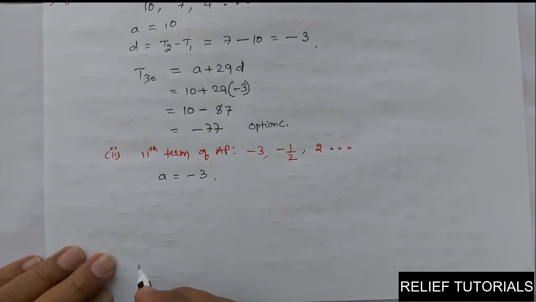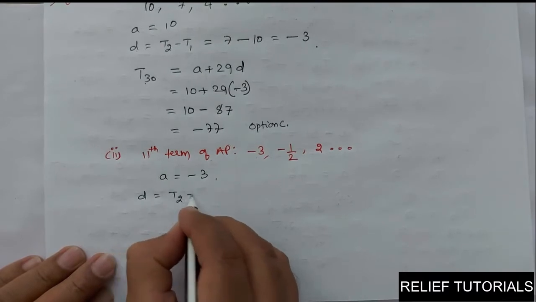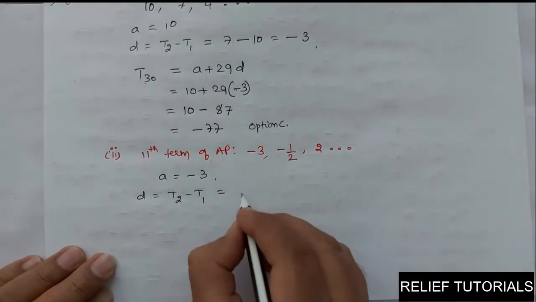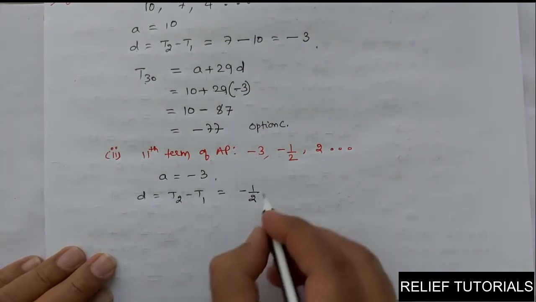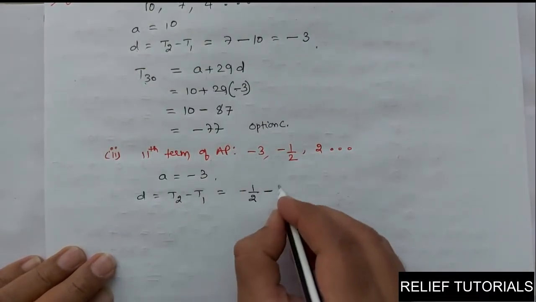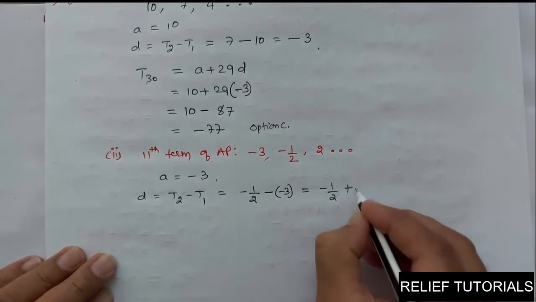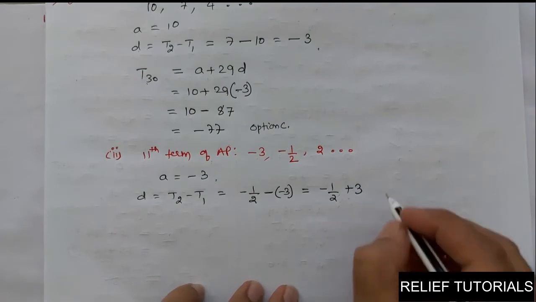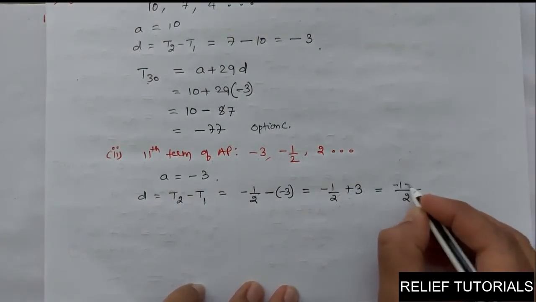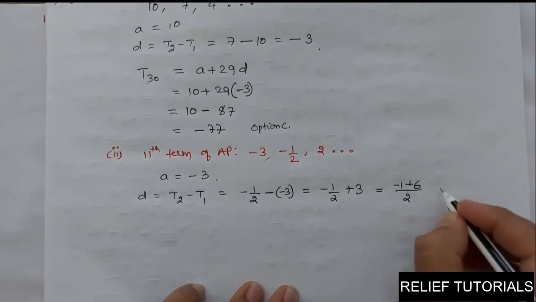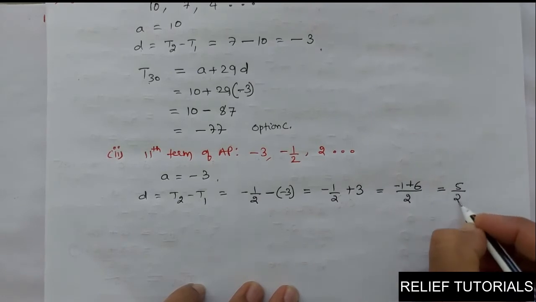Clear? Now I want to find the difference. So D is equal to T2 minus T1. T2 is minus half, minus T1. T1 is minus 3. So this will be minus half plus 3. Clear? LCM here is 2. So you will get minus 1 plus 2 3s are 6. So that is 6 minus 1, 5 by 2.